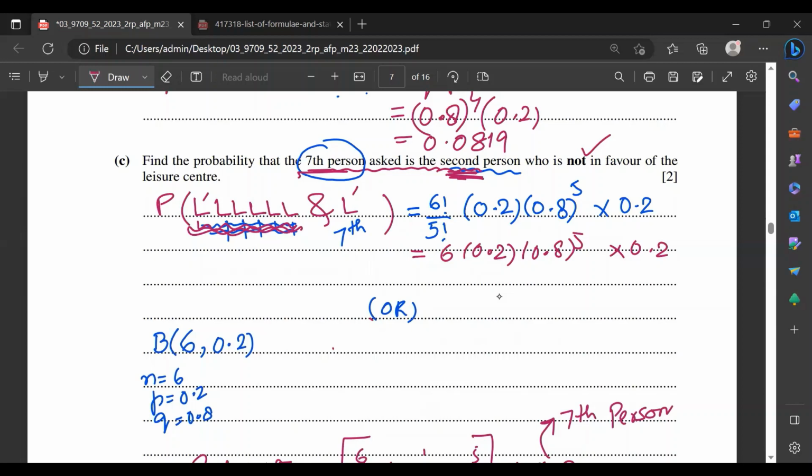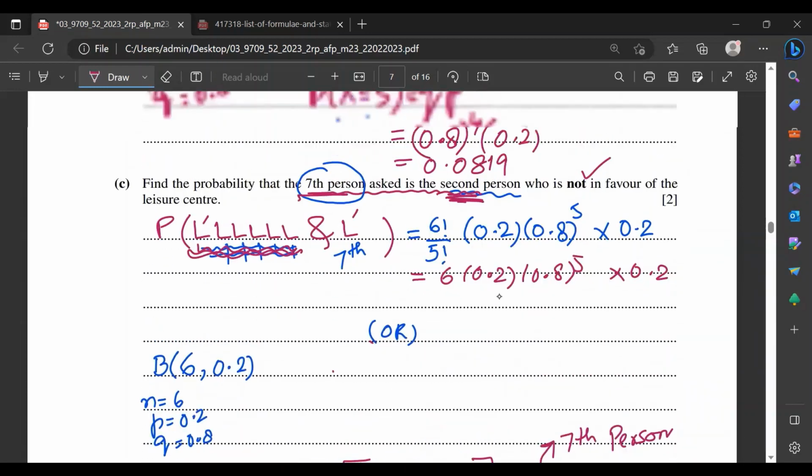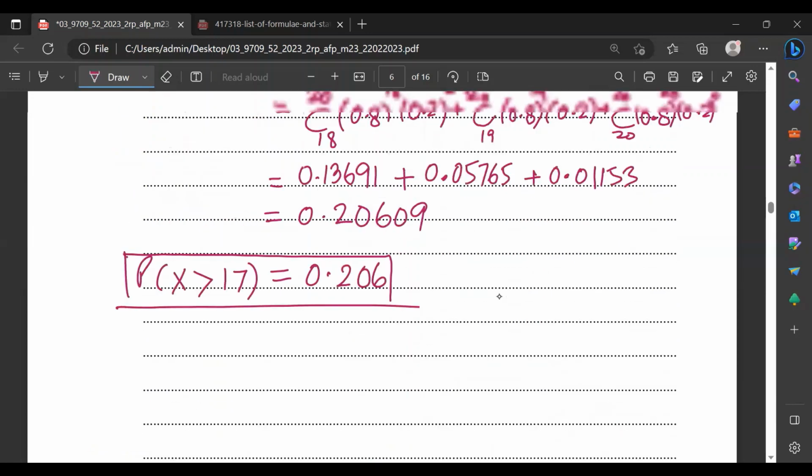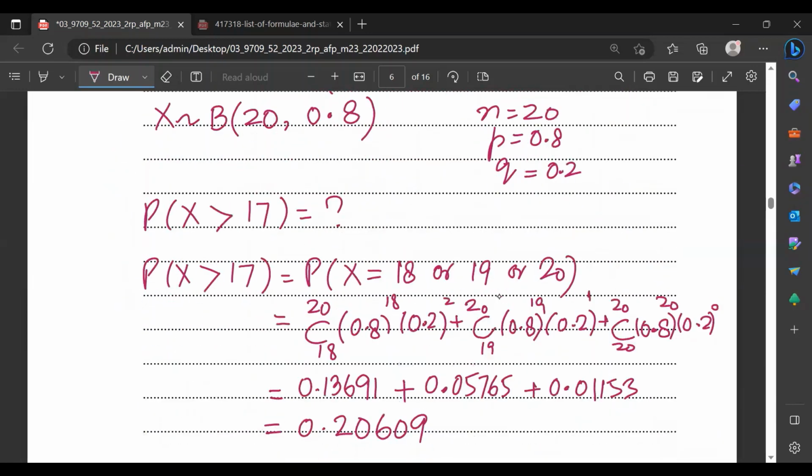If you just count L dash, L, and then L dash, there are two in that order, and the seventh person is not in the favor. So this is how you can manage the situation for question number 3.